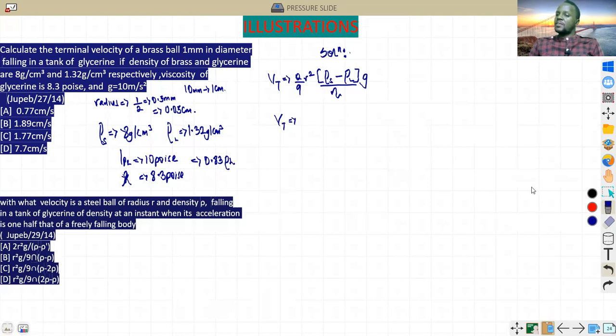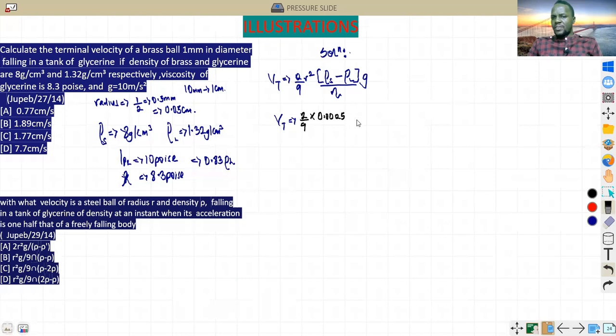You can say the terminal velocity directly can be 2 by 9. We are taking the square of 0.05. Let's do that directly. 0.05 all squared is giving us 0.0025.